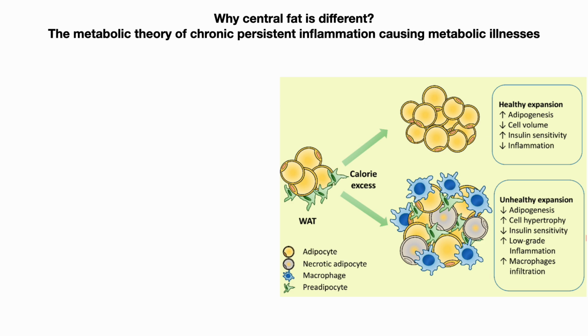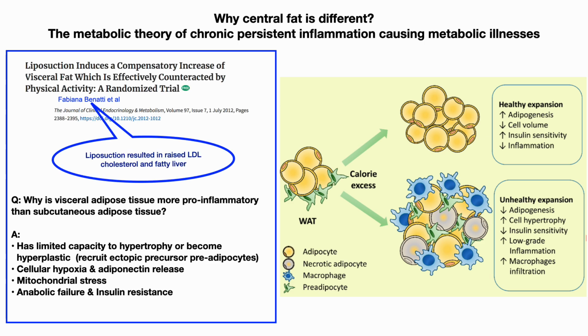And a famous example that was tried, somebody did liposuction. So when you do liposuction, you remove the fat cells with their content of fat from underneath the skin. So if that person gains weight, and that is the experiment that was done by Fabiano Benatti, he basically removed fat underneath the skin, and so those people who gained weight gained it in the fat cells that were not removed, and usually they are visceral.